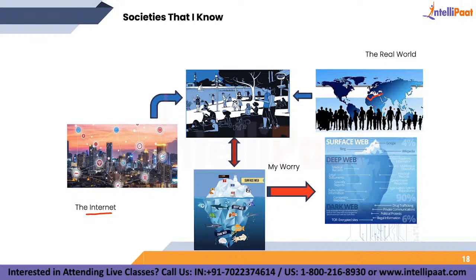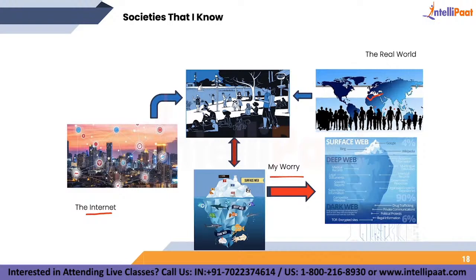Then we start talking to people and connecting with them. That's another society, the netizen society, connected with each other. Then you have something called the dark web. So what is the dark web? The dark web is a place of illegitimate things.